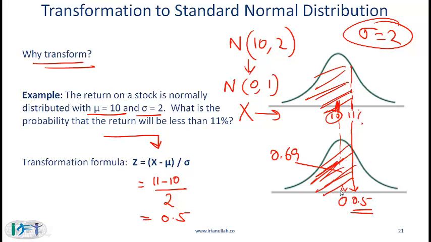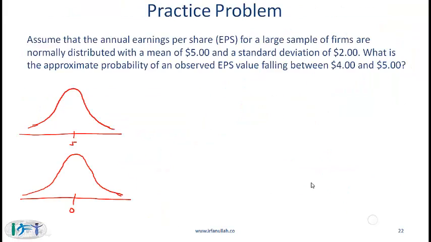That means that the probability that the return will be less than 11% is 0.69. And if we are interested in the probability that the return is greater than 11%, then that is simply 1 minus 0.69, which would be 0.31. So hopefully this helps you understand why we need to do the transformation, and the formula that you must memorize is given right here. Let us look at a practice problem now.